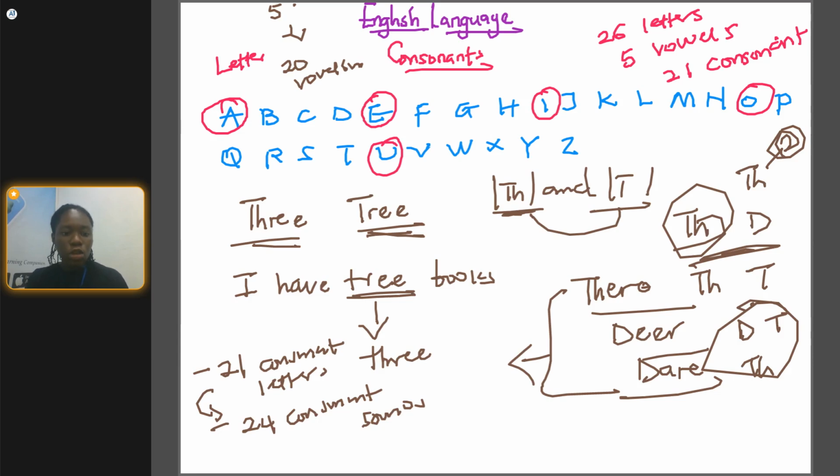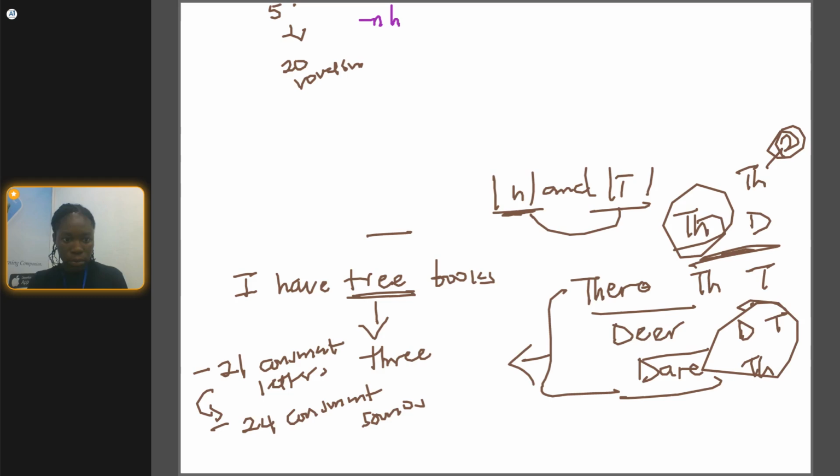All right, so I'm going to be wiping the board off now so that we can look at the letters and the sound that they give. All right, so like we mentioned, I think I'm going to have to write the letters again, the 26 letters.